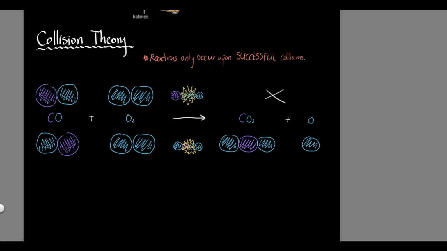This increases the possibility of successful collisions, because if you have more frequent collisions, it is more likely that you would have a larger number of successful collisions, and then the probability of successful reactions will also rise.